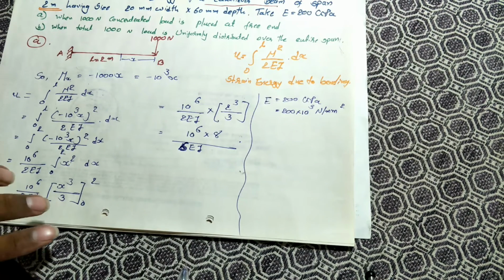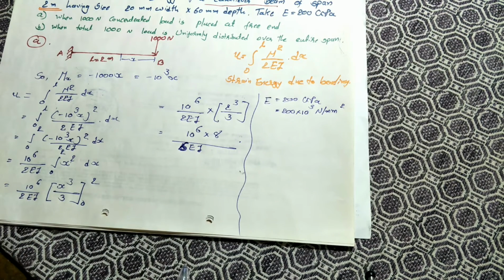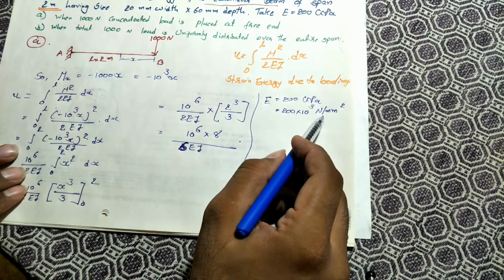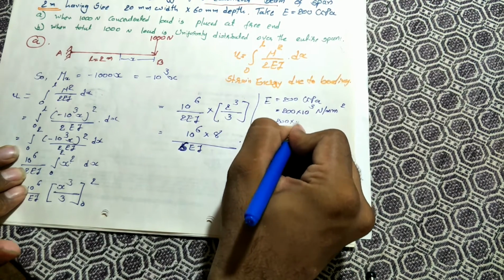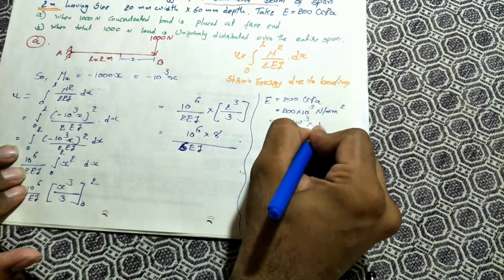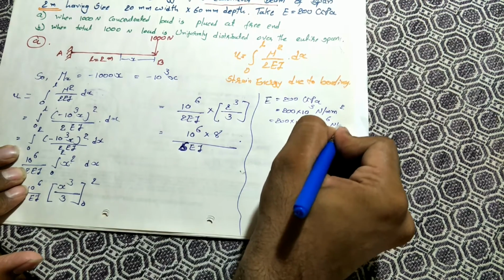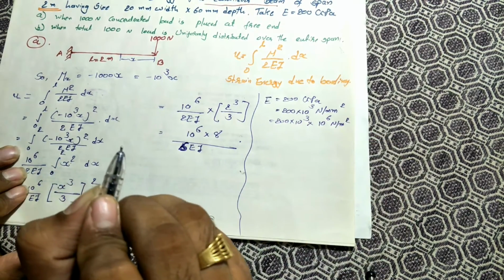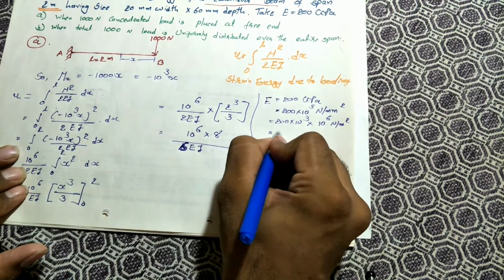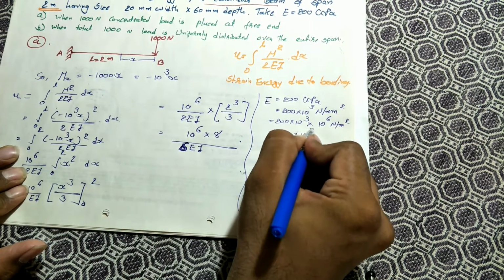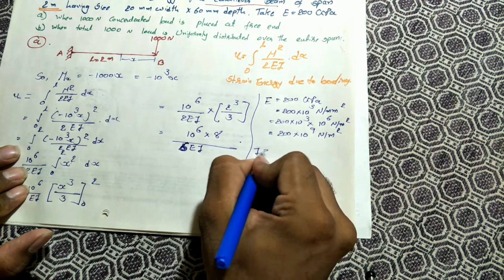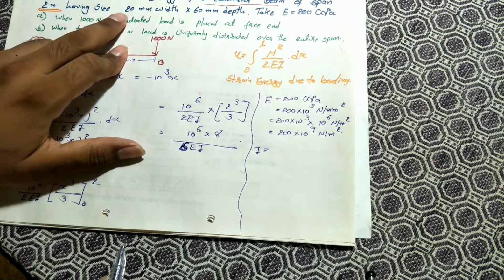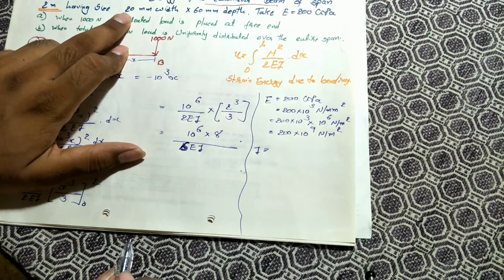We require the answer in Newton meter for strain energy, so convert this into Newton per meter square. So this is 200 into 10 raised to 3 into 10 raised to 6 Newton per meter square. Okay, so this is 200 into 10 raised to 9 Newton per meter square, where the size of section is given, that is 20 mm by 60 mm.